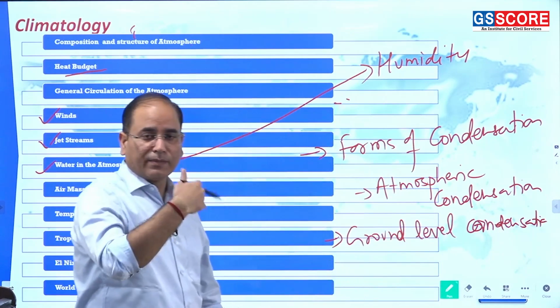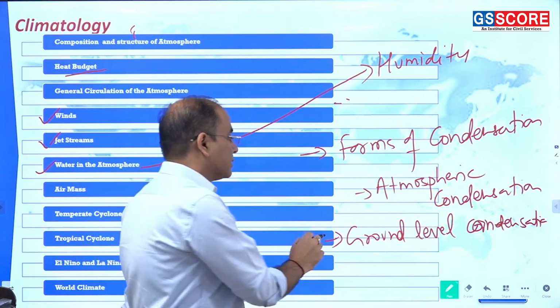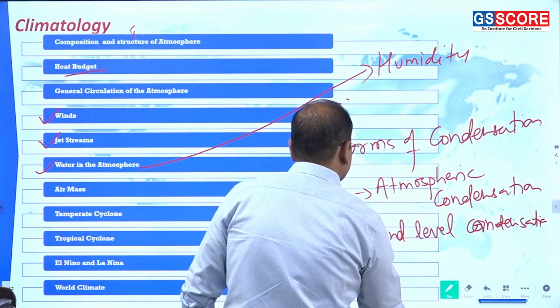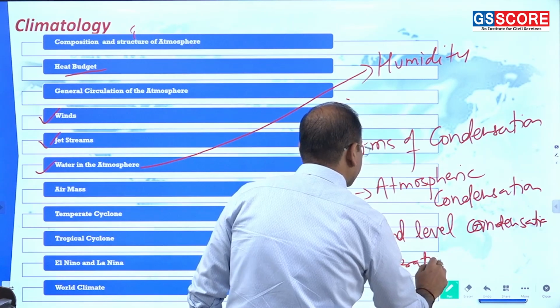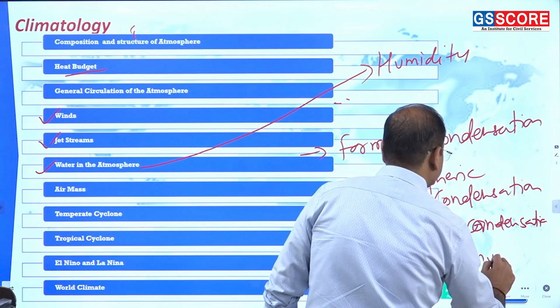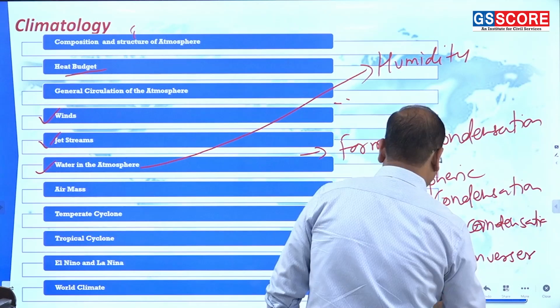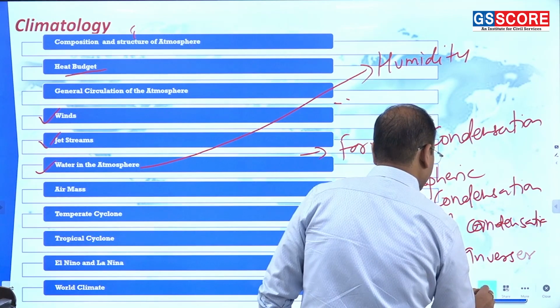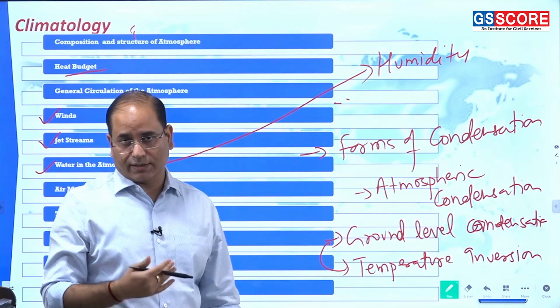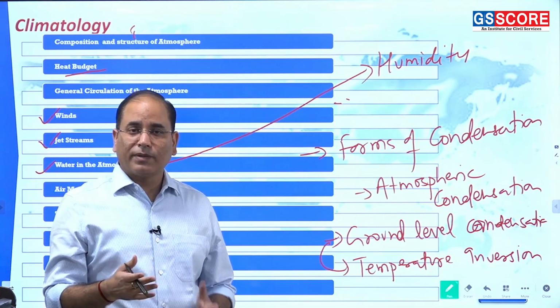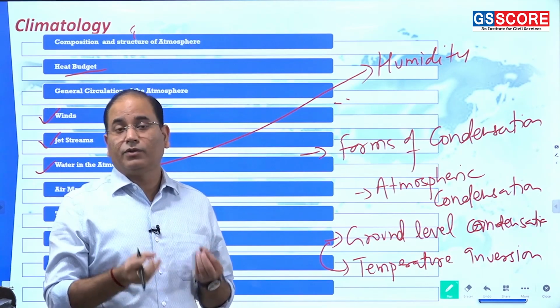Atmospheric condensation is primarily associated with the cloud, but this ground level condensation is associated mainly with the phenomena of temperature inversion.